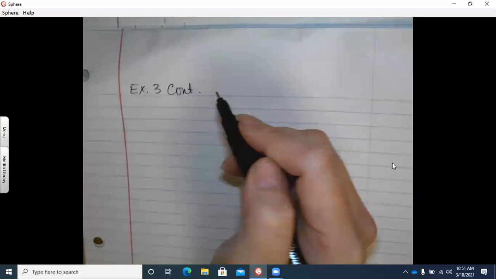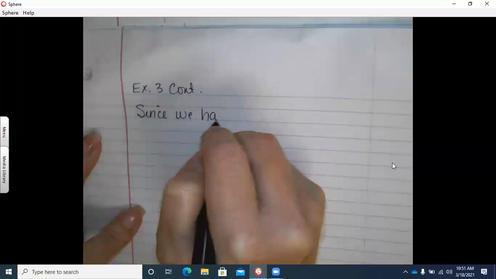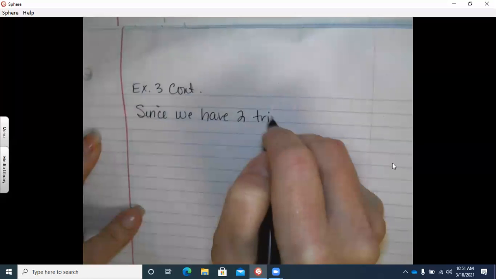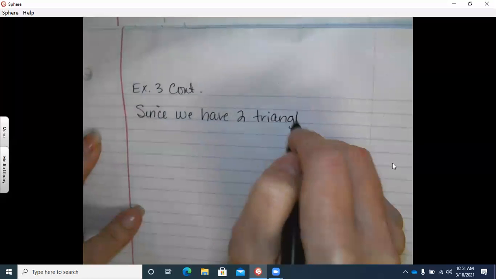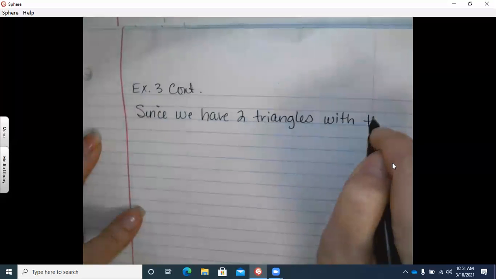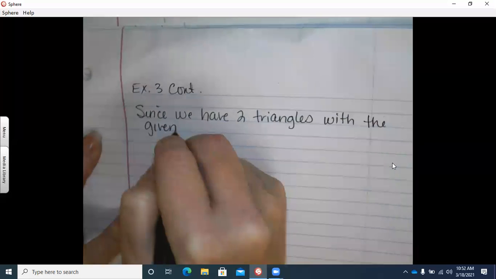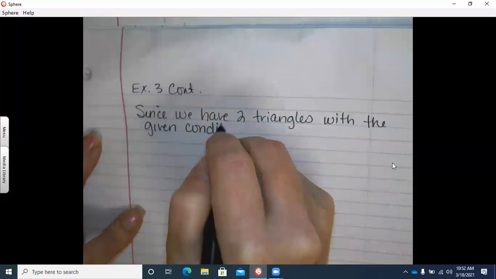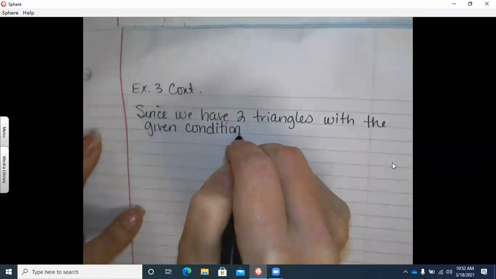Example 3 continued. Since we have two triangles with the given conditions, we have to solve both.